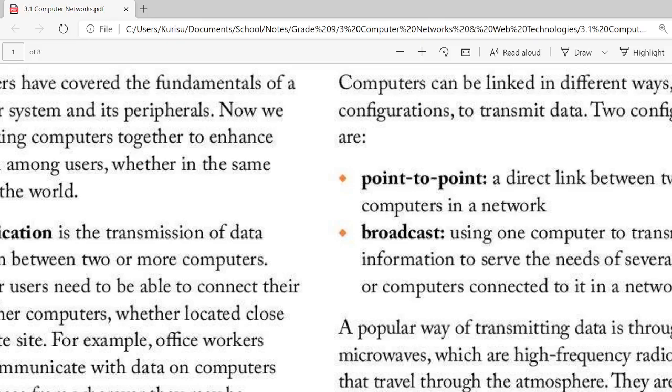Yes, sir. Computers can be linked in different ways or configurations to transmit data. Two configurations are point-to-point, a direct link between two computers in a network. Broadcast, using one computer to transmit data and information to serve the needs of several terminals or computers connected to it in a network. A popular way of transmitting data is through microwaves, which are high-frequency radio signals that travel through the atmosphere. They're used for high-volume, long-distance communication.